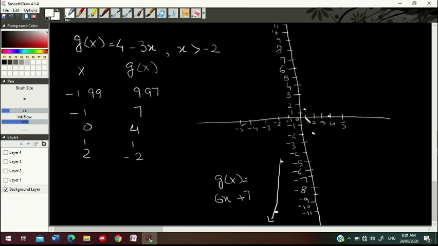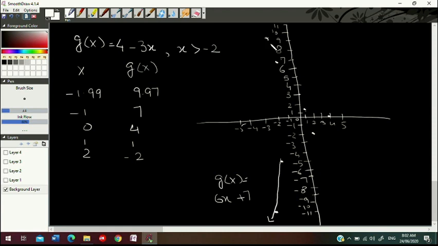And when x is equal to minus 1, g of x is equal to 7. And when x is equal to minus 1.99, which is very near to minus 2, g of x is almost near to 10, 9.99 here.